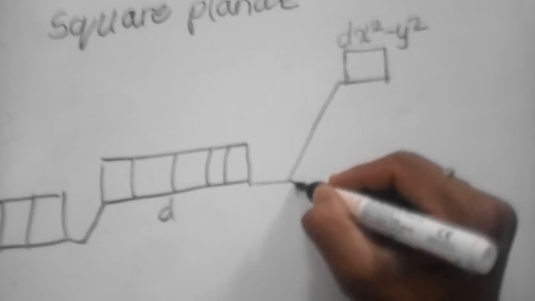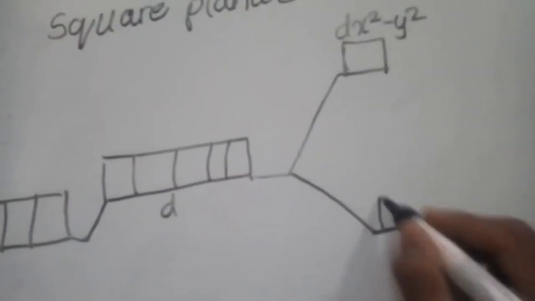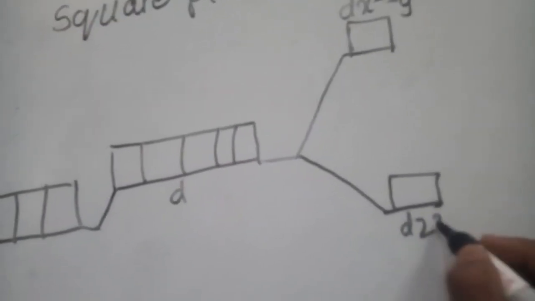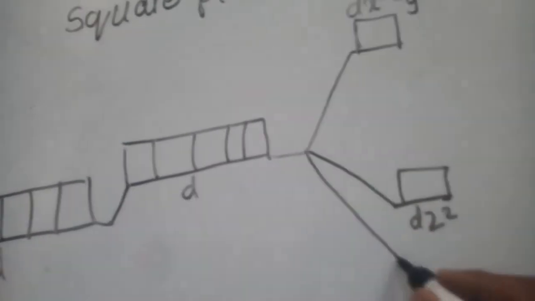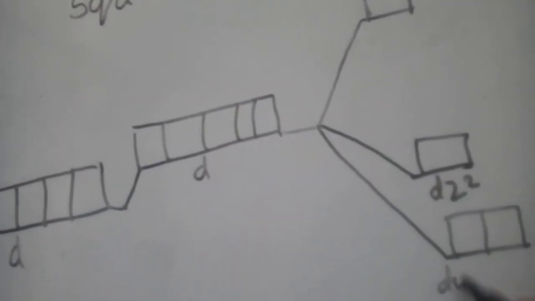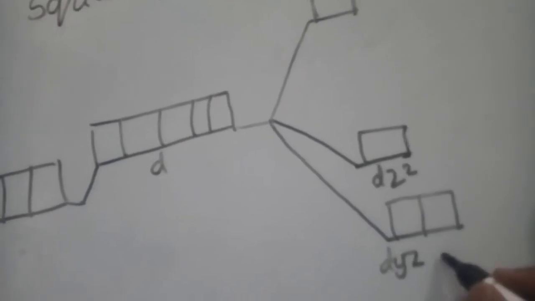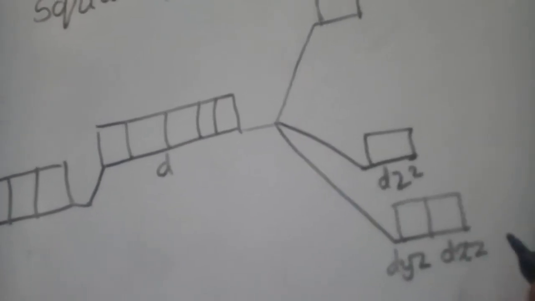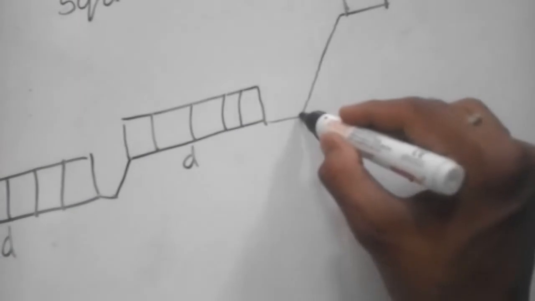The energy of the dz square orbital will get decreased. This is dz square. Also, the energy of dyz and dxz will also decrease.